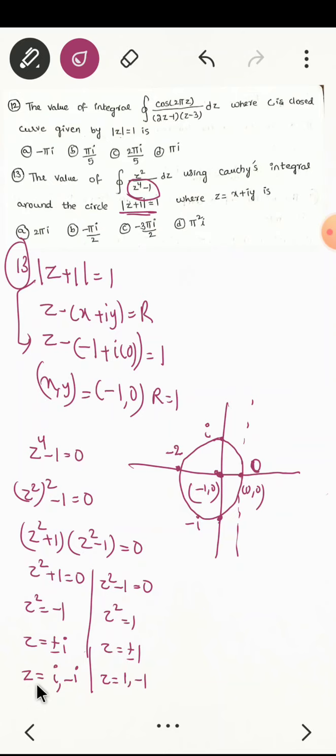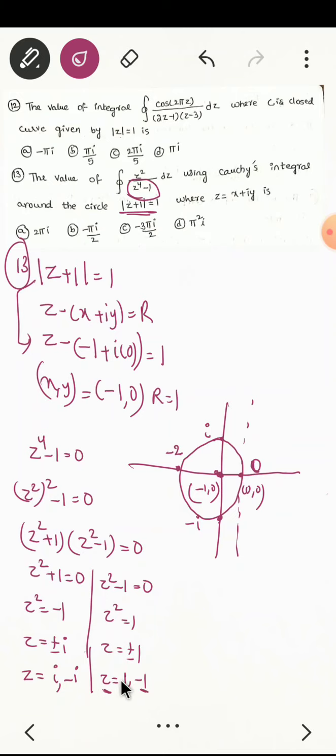Okay, which is lying inside the contour? z equal to i is on the contour, so you cannot take it. z equal to minus i is also on the contour, you cannot take it. Then z equal to 1, no chance, it is outside the contour. z equal to minus 1 is inside the contour, only one value.